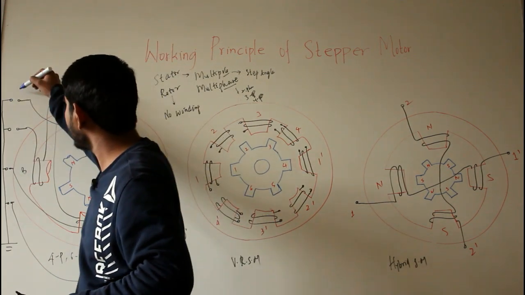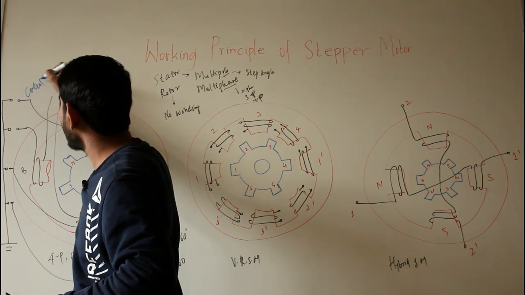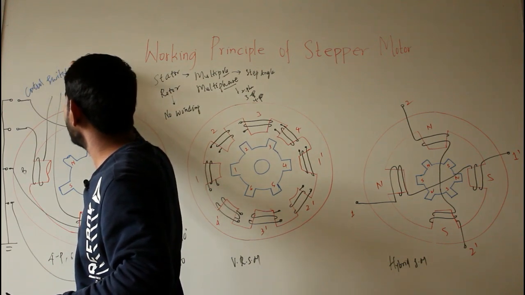Here you can see the control switches. These are your control switches from where you can obtain the pulses.